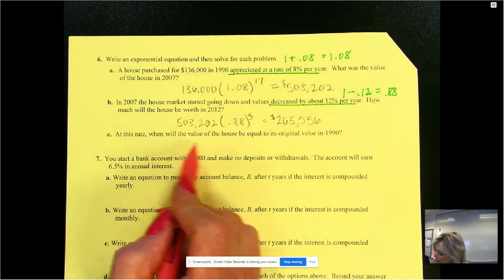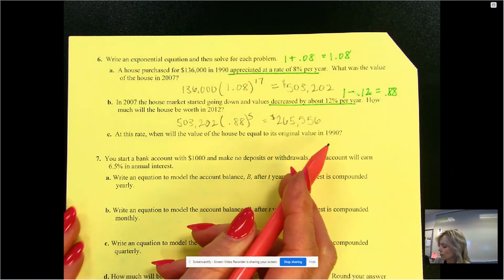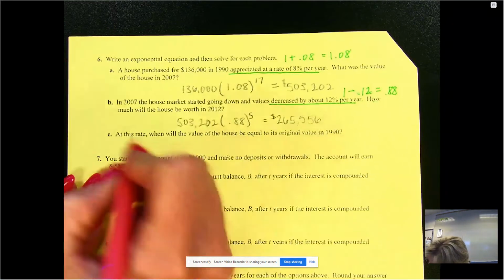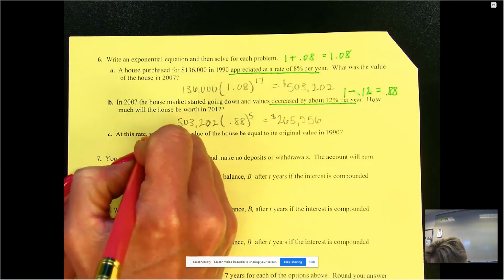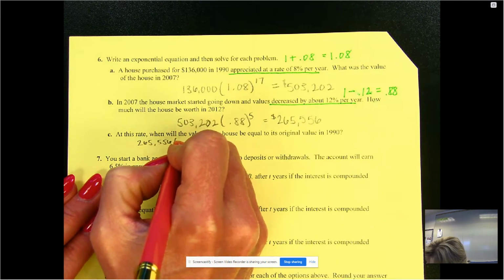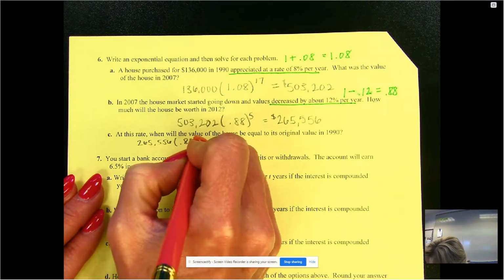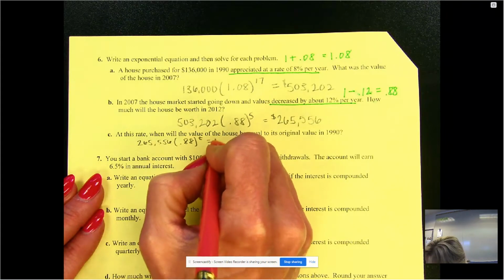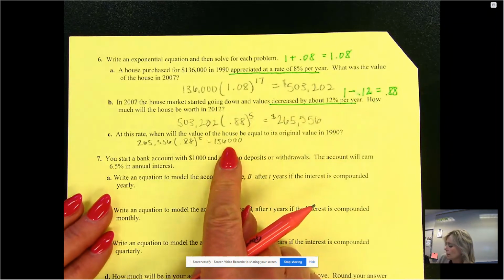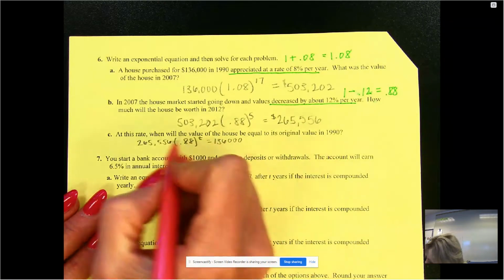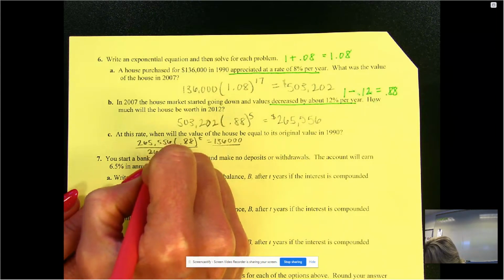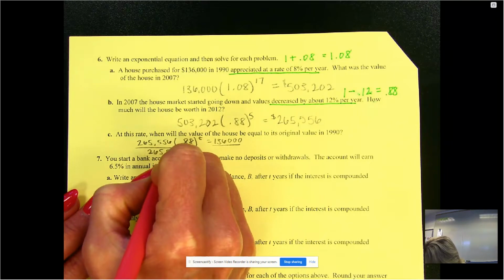At this rate, when will the value be equal to its original value in 1990? So for part C, the current value, 265,556, decreasing by 12% to the T. When's it going to equal 136,000, which is the value in 1990? So we're going to start by dividing both sides of the equation by 265,556.